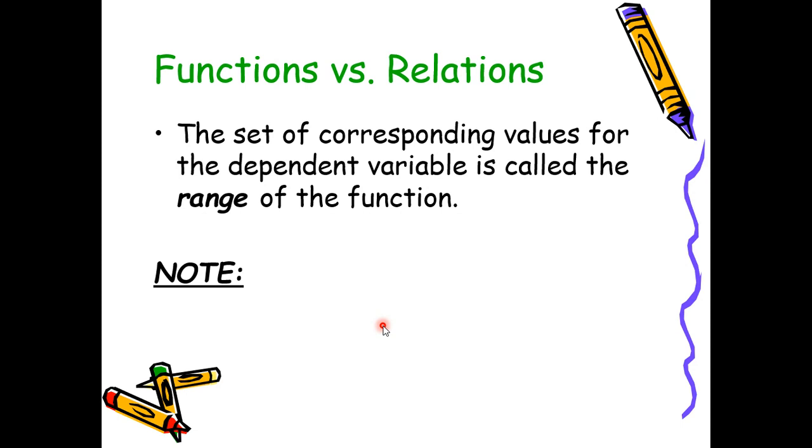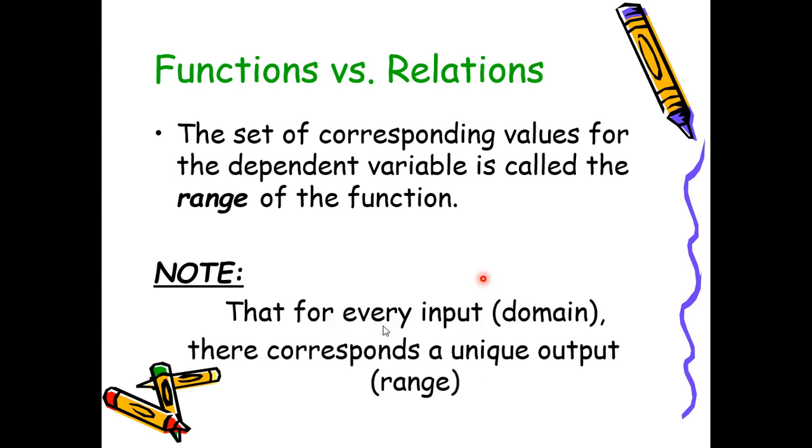Okay? Take note, again. So for every input, gaya nga ng sabi ko sa inyo kanina, for every input or that is our domain, there should be only a unique output or range. Okay, so teacher will give you an example later on para ma-visualize nyo kung ano ba yung sinasabi ko na kada input kailangan merong corresponding or there's a unique output.